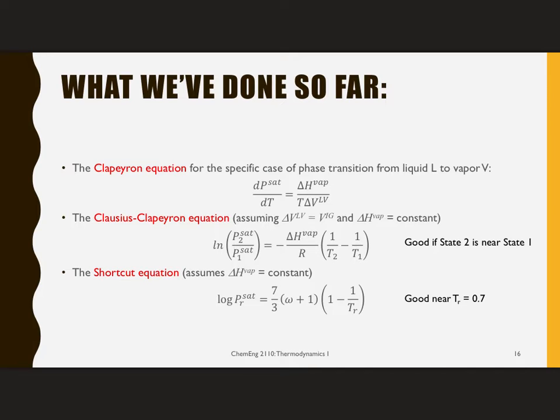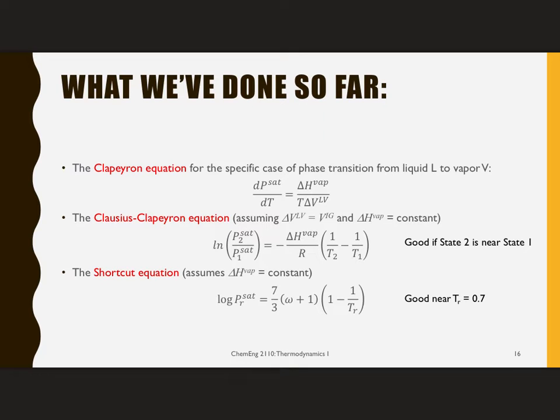We started with the Clapeyron equation, which is theoretical and, if applied to the liquid and vapor phases, says that the change in the vapor pressure with temperature is equal to the delta H of vaporization divided by the temperature divided by the volume change during this phase transition.